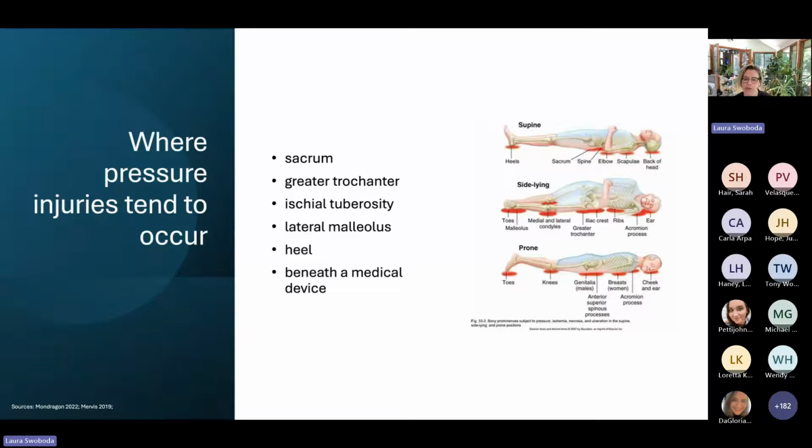However, with COVID, we had an increased use of prone positioning, and we started to see all these other bony prominences affected. But still, the greater trochanter, ischial tuberosities, the lateral malleoli and the sides of the feet, I actually see quite a bit, especially in the rehab environment, when people are left for long periods of time and their feet pronate outwards, and then beneath a medical device.